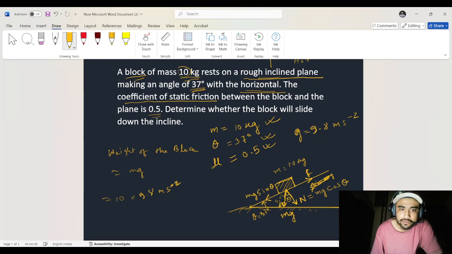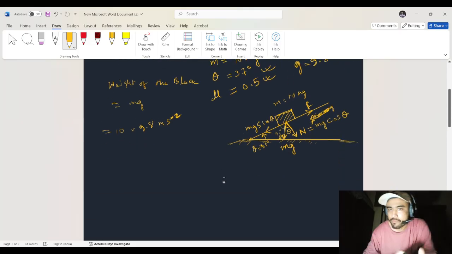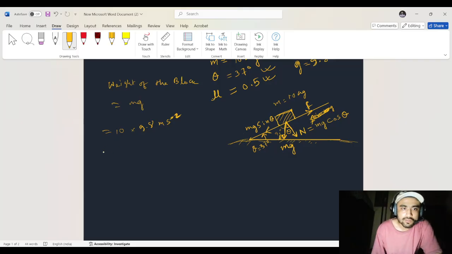There's no approximation, as we don't have any options here, it is not an MCQ question. So the more accurately you derive, that will be better.